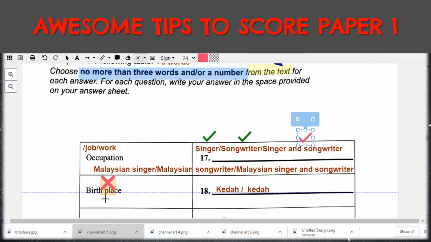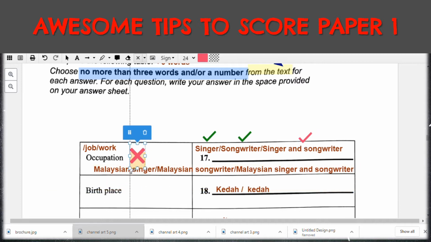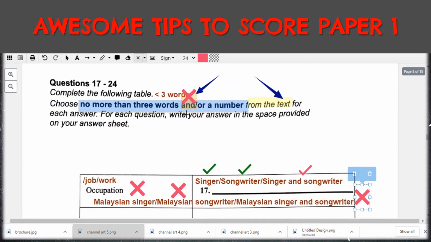The question didn't ask where the person comes from. And the same goes for Malaysian songwriter or even Malaysian singer and songwriter. We're still at 1, 2, 3, 4 words, so it cannot be accepted, because the question says only 3 words.